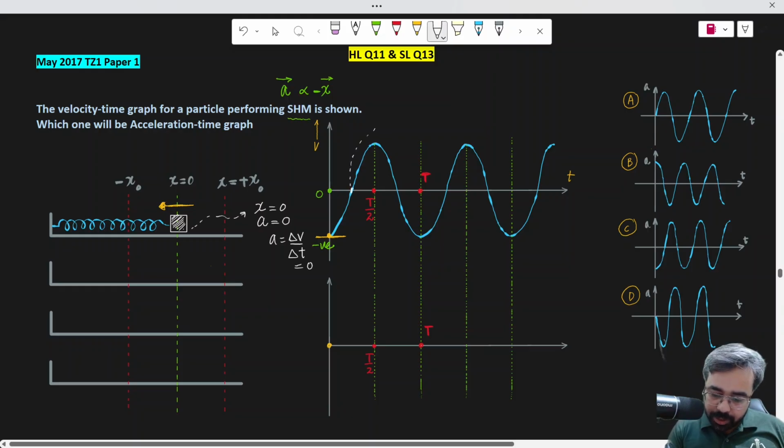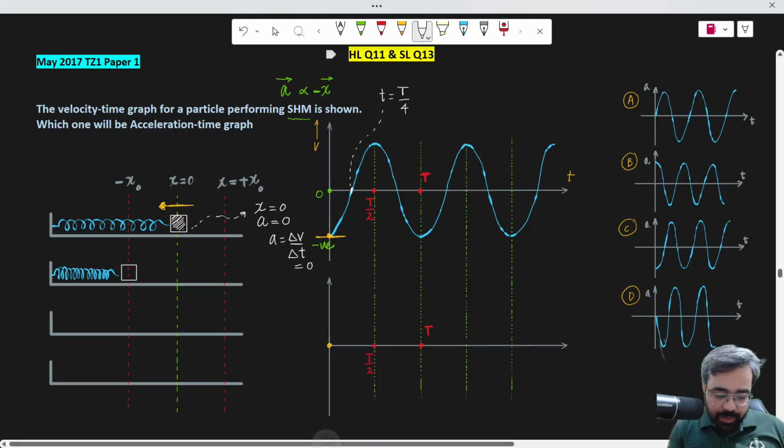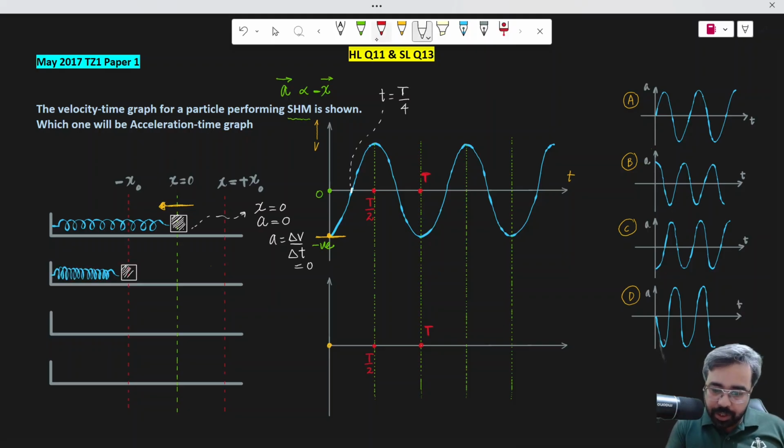At this point, dear students, the instantaneous time is T by 4, right? Since the object is moving leftward, in that quarter time this object should be exactly at the extreme position, the negative extreme position, where the displacement is maximum negative.